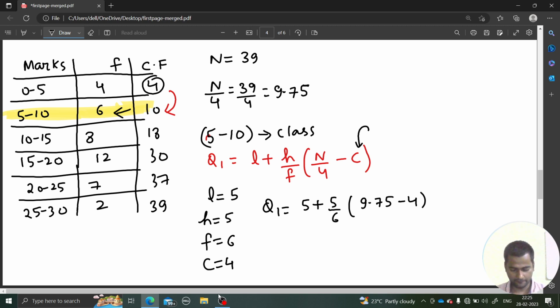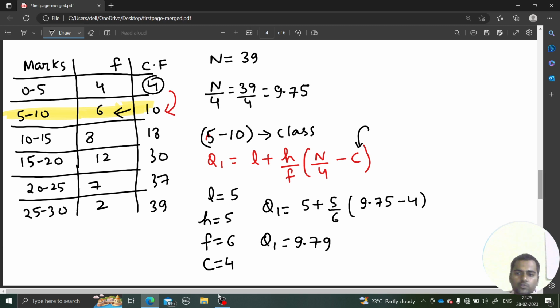So this will be 5 plus 5 by 6 times 5.75, and this is coming out to be 9.79. So Q1 is coming out to be 9.79.